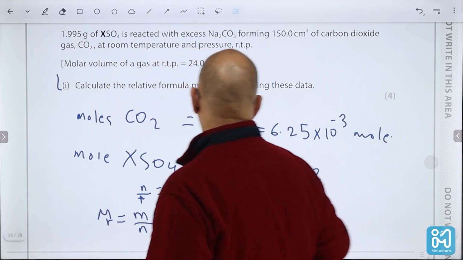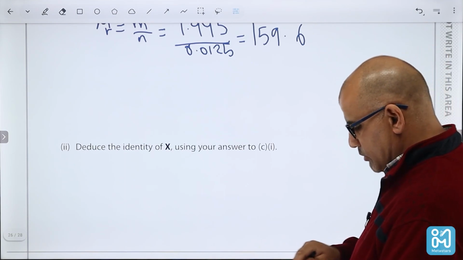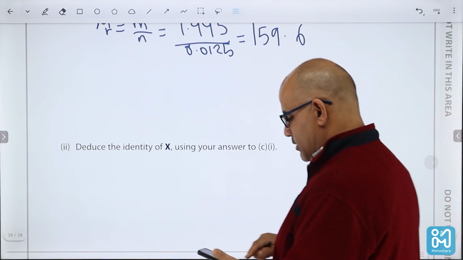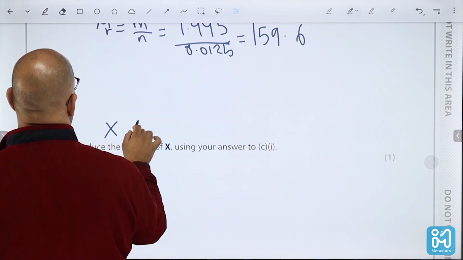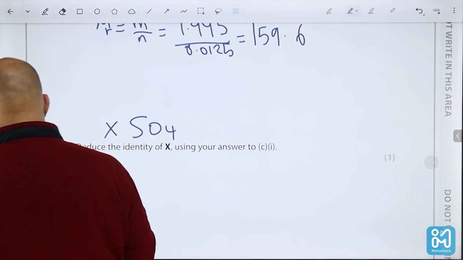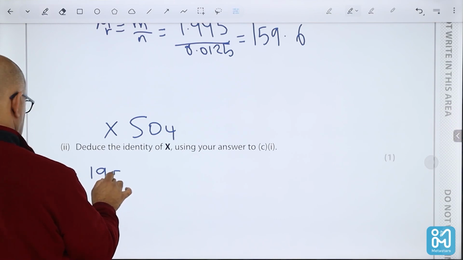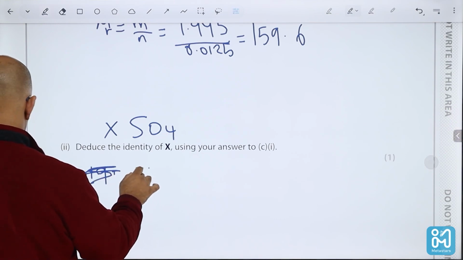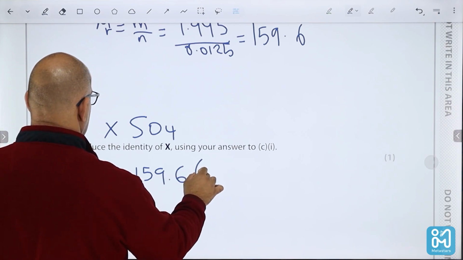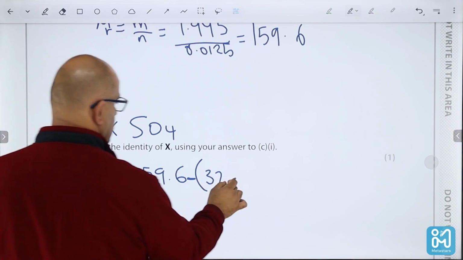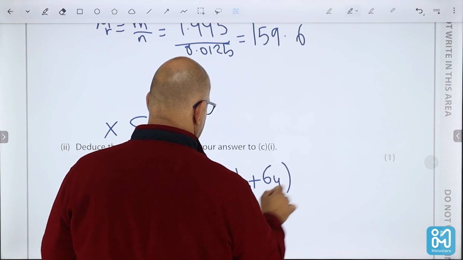Then I guess he will ask you to deduce the identity of X, which is very simple. Since it is XSO4, you can find it by 159.6 minus 32.1 plus 4 times 16, which is 64.